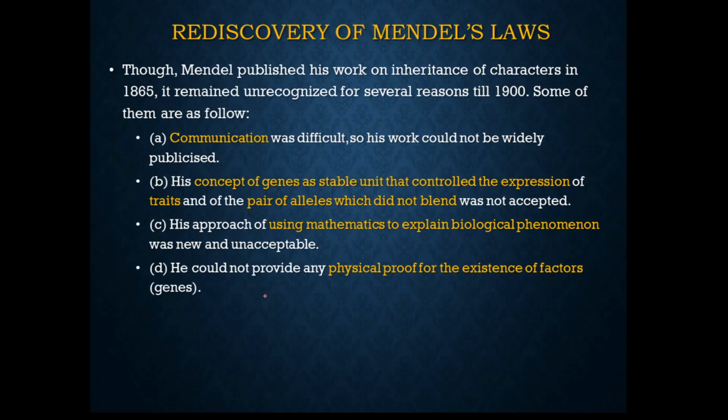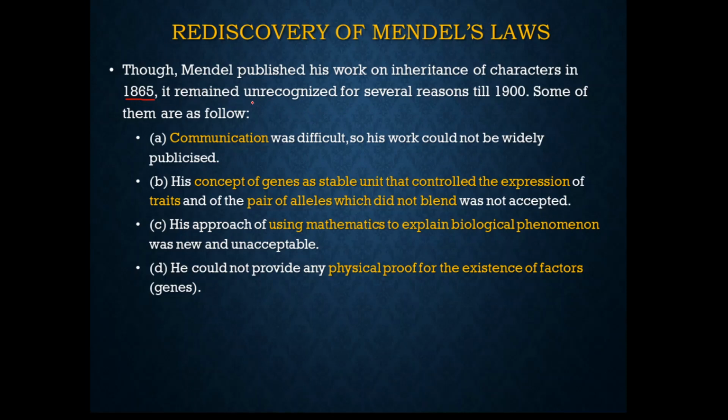Coming to Mendel's work, so far we have been discussing it, but Mendel's work was published around 1865. Though Mendel published his work on the inheritance of characters in 1865, it remained unrecognized.